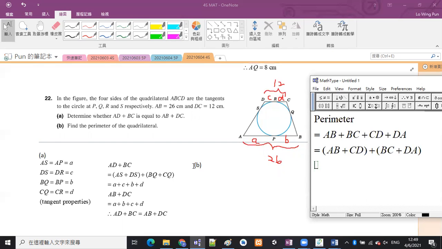But we have already proved that this 2 plus 4 is equal to this 1 plus 3. So it should be AB plus CD plus AB plus CD, because of the result of part A. So AB is 26, and then 12 plus 26 plus 12 should be equal to 76, and the unit is cm.